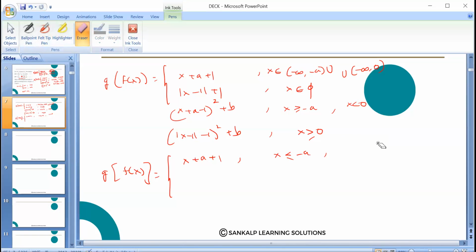Actually, you can avoid this greater than 0 also. Just x less than or equal to minus a.